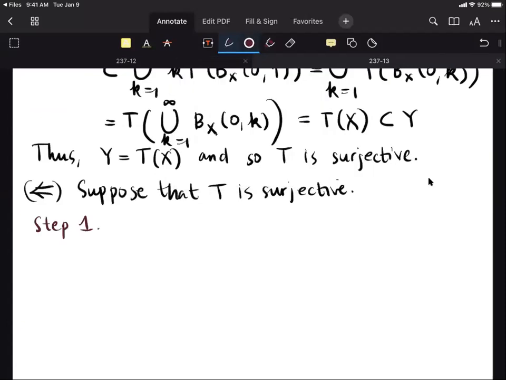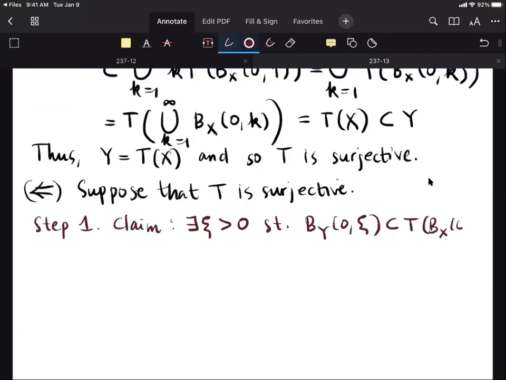The first one, we claim that there exists some positive number such that the ball centered at 0 with that radius is a subset of the closure of this unit ball.